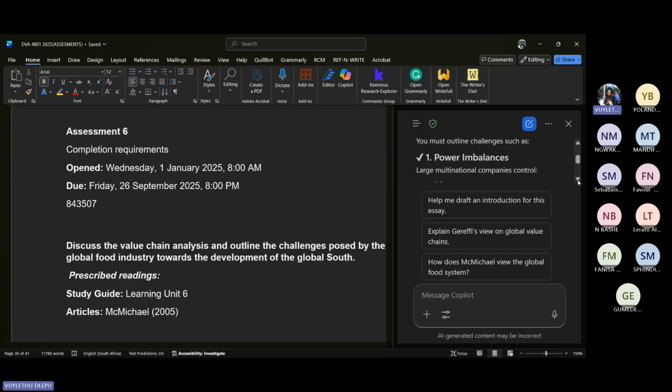So you must outline the power imbalances that we discussed earlier, and demonstrate that through whatever information you have cited or understood, such as the pricing, the sourcing, the standards, and the distribution, which leaves farmers in Africa, Asia, and Latin America with very little bargaining power. Then the strict quality and safety standards. Export markets require certifications, packaging requirements, and chemical and hygiene solutions.